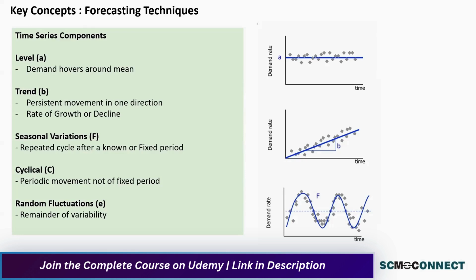So ये अलग-अलग components हैं, but there could be a mix of these components also. ये level भी है और trend भी है. ट्रेंड भी है और सीजनैलिटी भी है. Right? So there might be an upward trend with a seasonality, right? Or there could be a level with a seasonality.